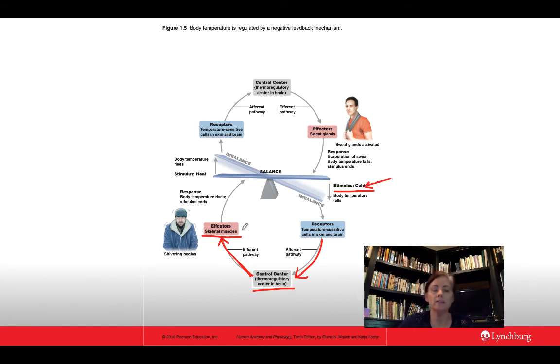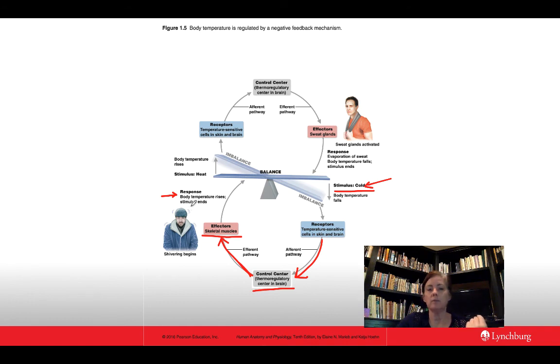In this case, our effector is going to be skeletal muscles. Skeletal muscles are going to shiver. That's what happens when we get cold, right? Skeletal muscles contract and shivering starts. And when skeletal muscles contract, they generate body heat. So the response to our effector is that our body temperature is going to rise.